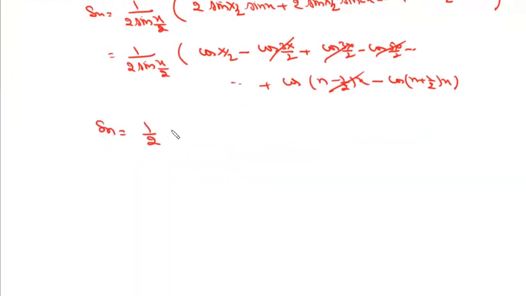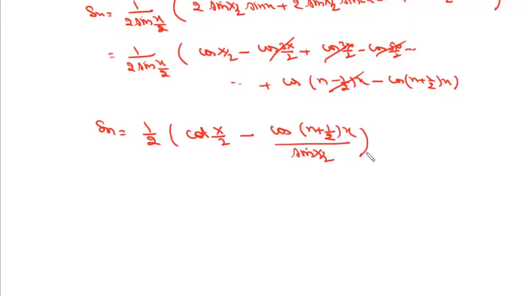So basically we'll get this Sn is 1 by 2 cot x by 2 minus cos (n plus 1) by 2 x upon sin x by 2.